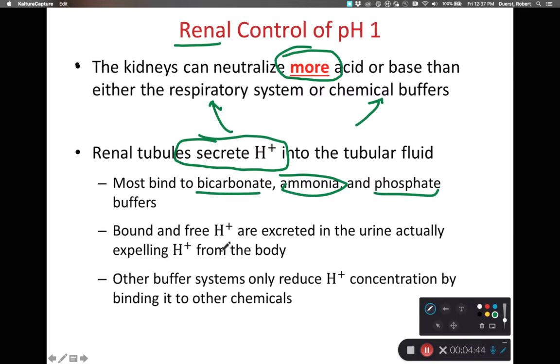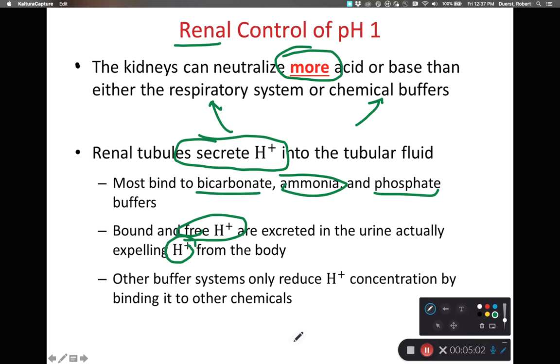We are then still going to dump even more hydrogen ions. And those free hydrogen ions are going to be excreted in the urine. And that's how we lower the overall pH of our body, by expelling hydrogen ions from our body.